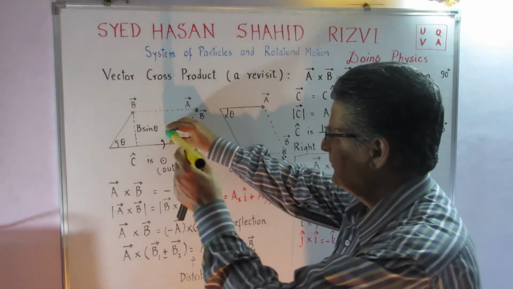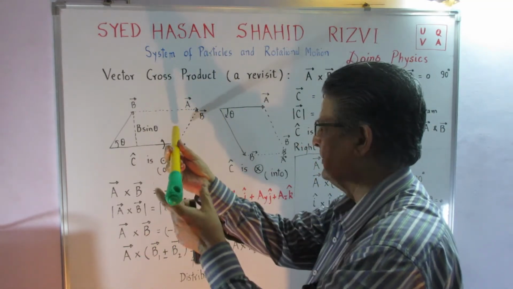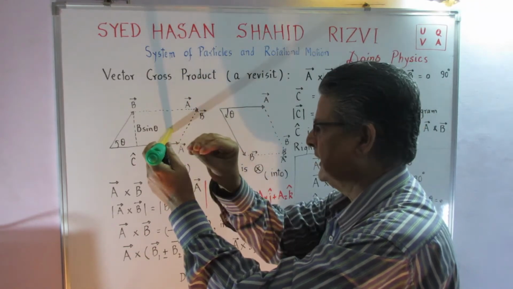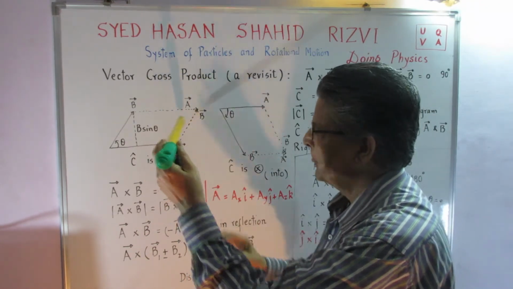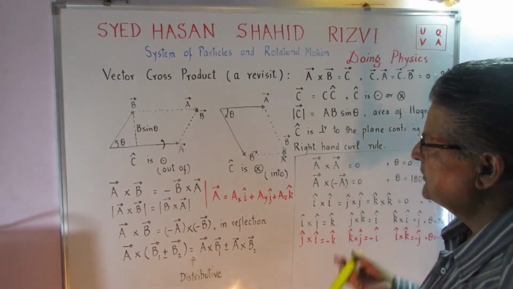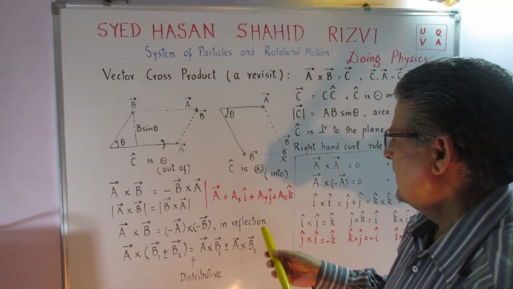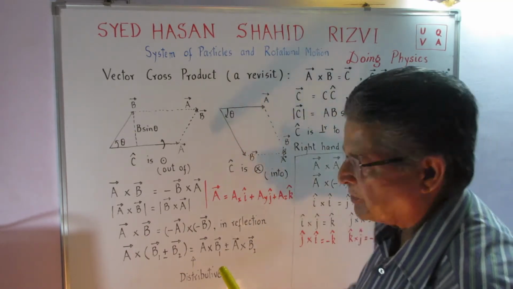One is out of the board in this direction towards you, and the other is into the board, which is going in the opposite direction.